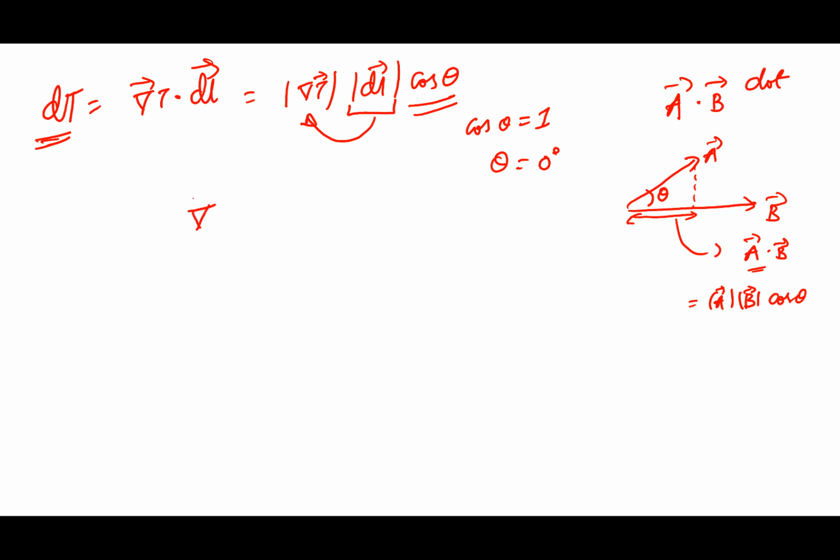So the gradient of T is a vector. We're taking a scalar field, temperature for example, and producing a vector field out of it by having the gradient act upon it. The direction of this gradient points along the direction of maximum increase.